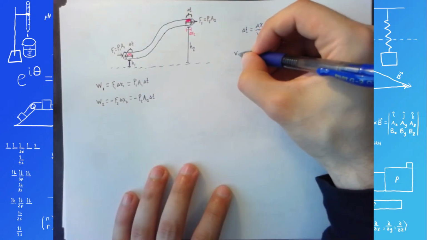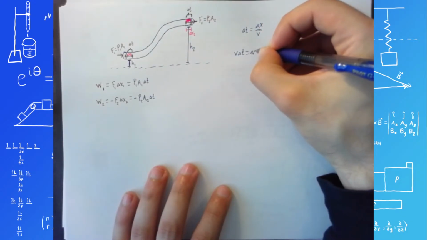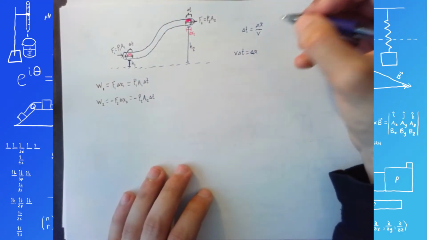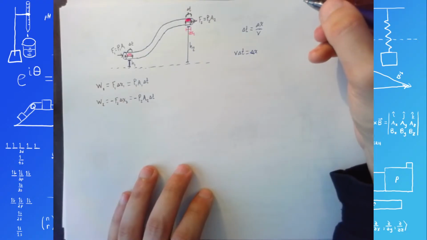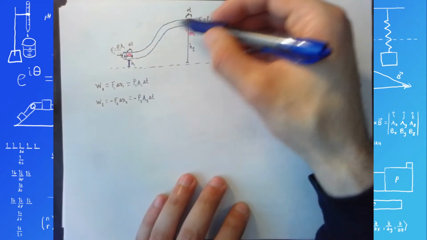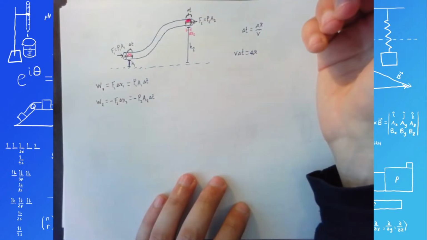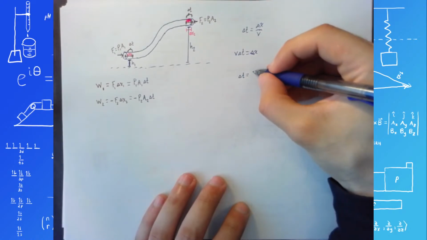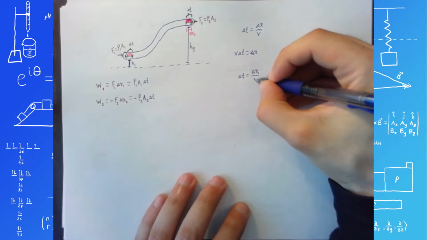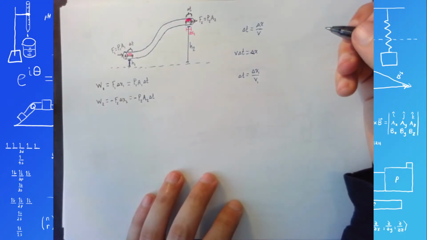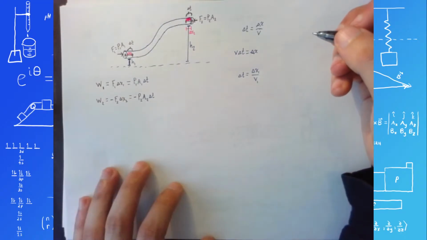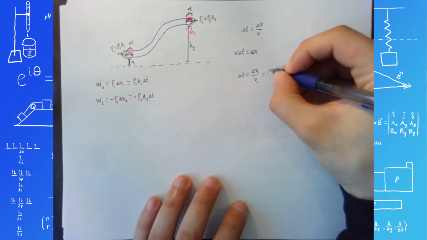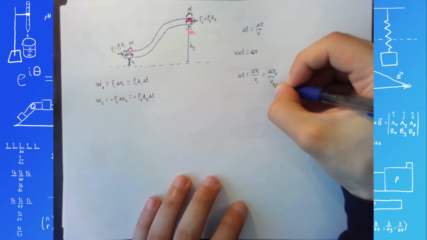Because v delta t, velocity times time, is equal to displacement. So v delta t equals delta x, therefore delta t is delta x over v. So delta t for each of these motions will be delta x1 over v1 for one of them, and delta x2 over v2 for the other one.